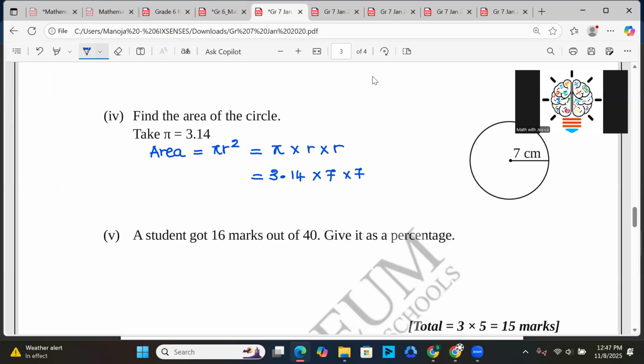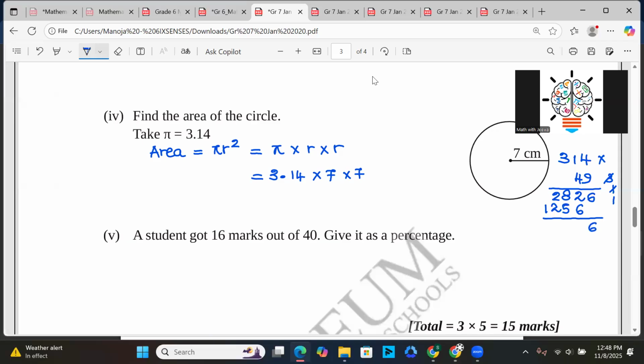7 times 7, 49. Now here 314, you multiply by 49. 7 times 7, it is 49. 9 times 4, 36. 3 remainder. 9 times 1, 9. 9 plus 3, 12. Now 1 remainder. 9 times 3, 27. 27 plus 1, 28. 4 times 4, 16. 1 remainder. 4 times 1, 4 plus 1, 5. 4 times 3, 12.